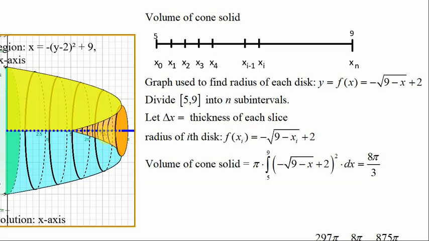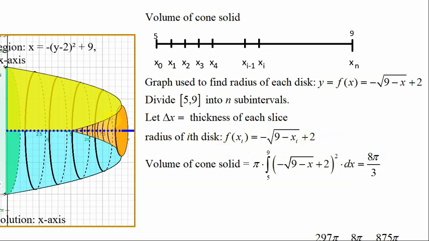Then the radius of the ith slice will be from the x-axis to this graph, which is negative square root of 9 minus x plus 2. So the radius of the ith disk will be f of x sub i, which is the distance from the x-axis to the graph, negative square root of 9 minus x sub i plus 2.